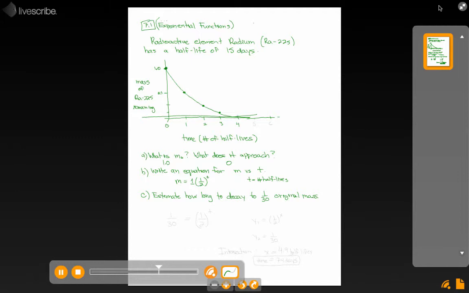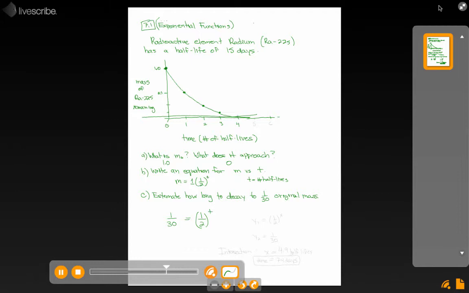To estimate how long this mass would take to decay to 1/30th, that estimate could happen in a couple of different ways. We don't yet have the algebraic skills to solve where 1/30 equals 1/2 to the power of t. That'll involve logs, and that'll come very, very soon in Chapter 8. But what we can definitely do is just graph.